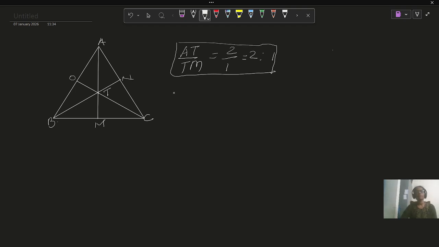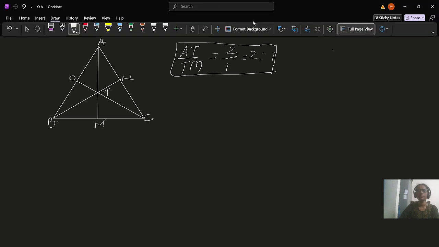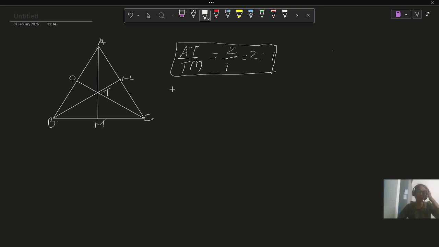Okay, now to prove it, we have to do some construction here, and for the construction, basically we need to extend the median, that is your AM, right?